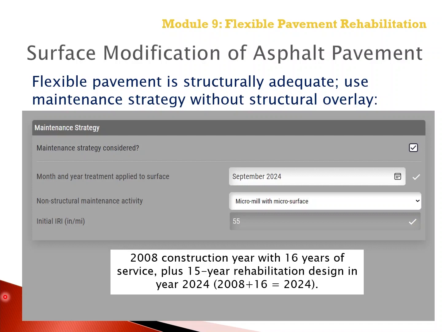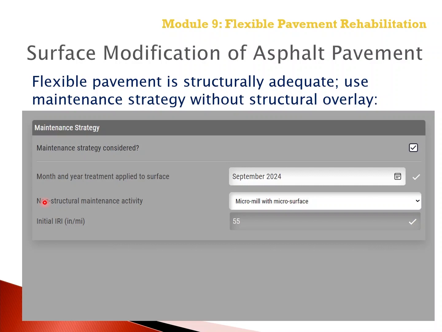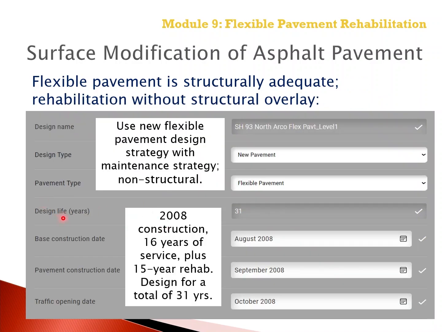And then we're going to see if the original pavement construction with our non-structural maintenance activity then satisfies an additional 15 years of service life, for basically a design life of the original pavement of 31 years.